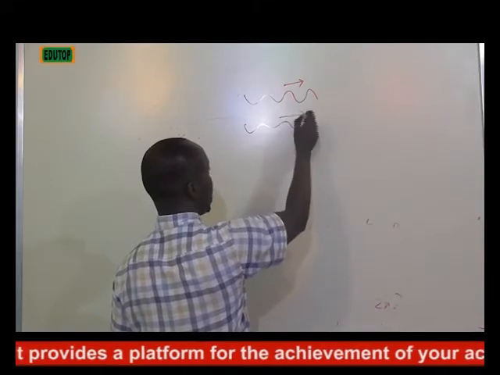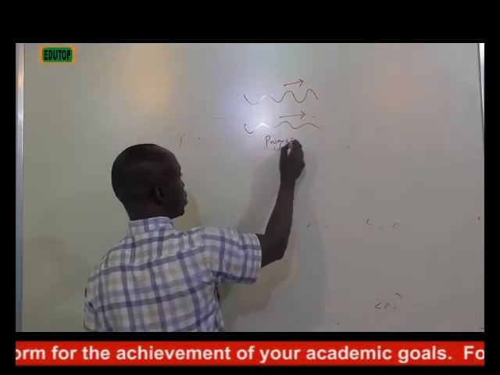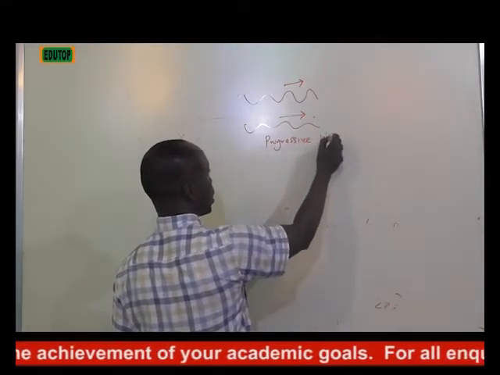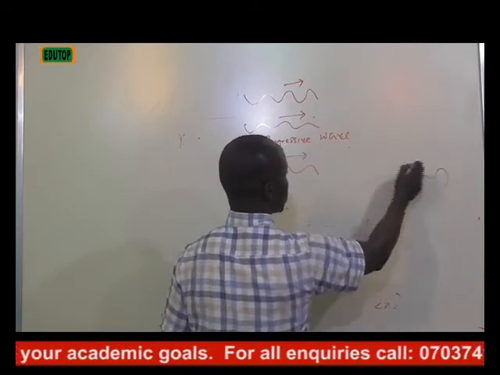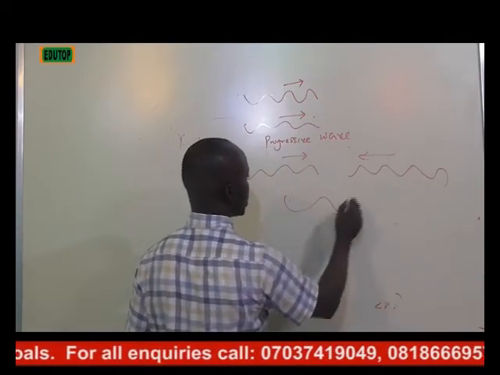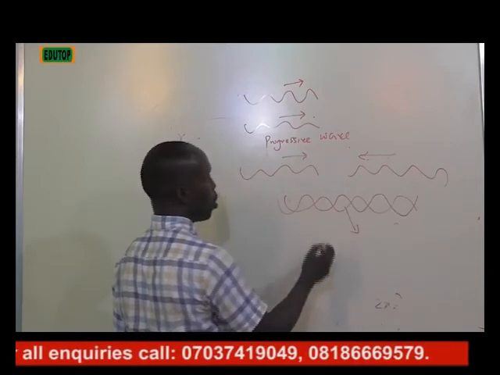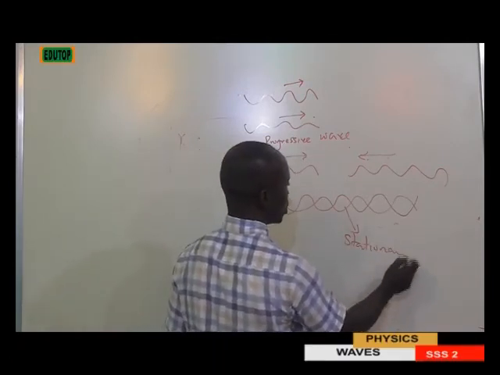Whether it's longitudinal or transverse, it is a progressive wave. But when two progressive waves collide, one coming from each direction, they form what we call a stationary wave.